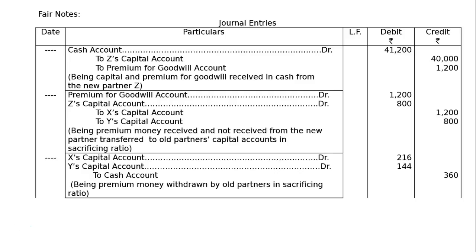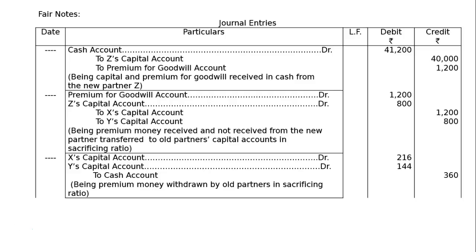The next one will be X capital account debited rupees 216. Out of this rupees 1200 that we have got, 30%, that is 360, was withdrawn by the old partners in the sacrificing ratio. Hence, X withdrew rupees 216, Y's capital account debited 144, to cash account 360.